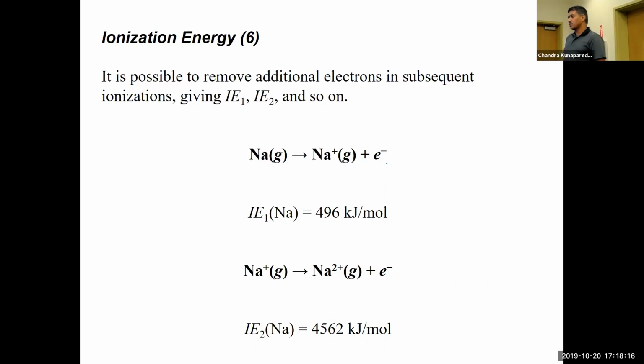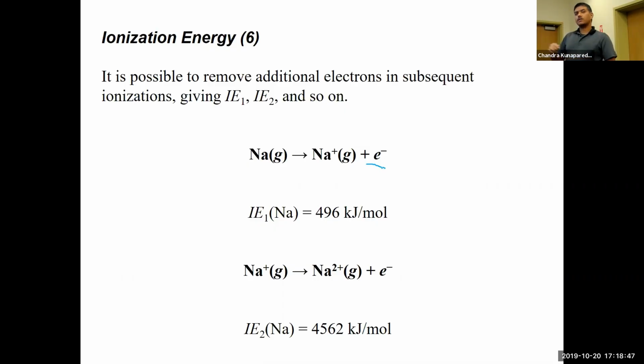Okay. If you apply enough energy, obviously it is possible to remove electrons from a nucleus, right? If you apply more energy, obviously you can break all the interactions between the nucleus and its valence electrons, or all the outside electrons. So here is the example showing: if you apply enough energy, like 496 kilojoules per mole, you can remove the first electron from sodium.